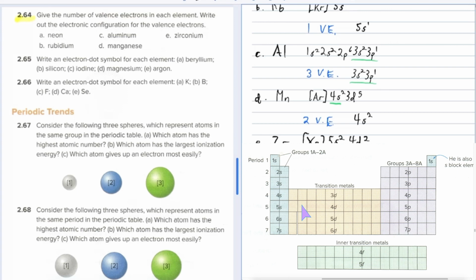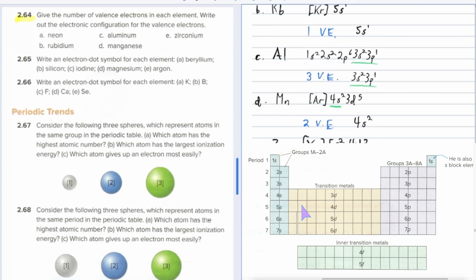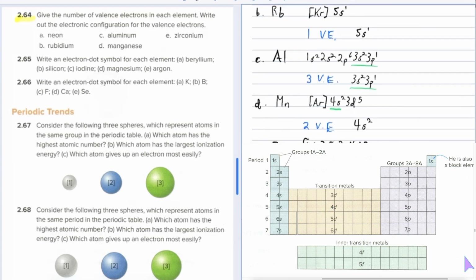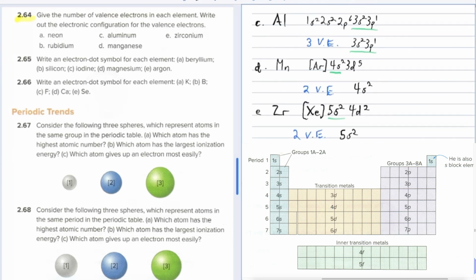And again, you got these two valence electrons, and the electron configuration of those is 5s2. See that? 5s2.